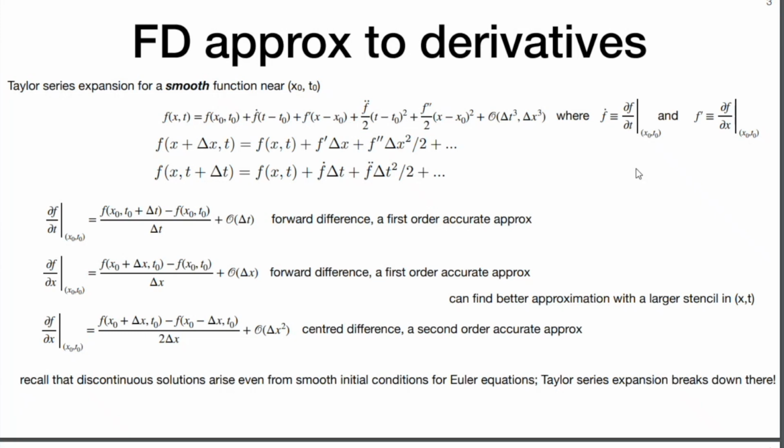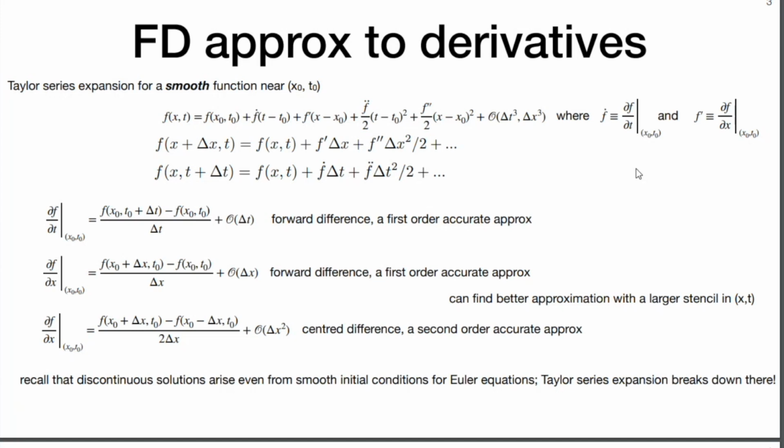Similarly, I can hold x fixed and expand in time. So ∂f/∂t evaluated at x naught, t naught is just this. This is the definition of that derivative in the limit delta t goes to 0. But here we are actually calculating with a finite delta t. This is the difference form. If you look at the Taylor series, f dot is equal to f(x, t) minus f(x naught, t naught) divided by t minus t naught.